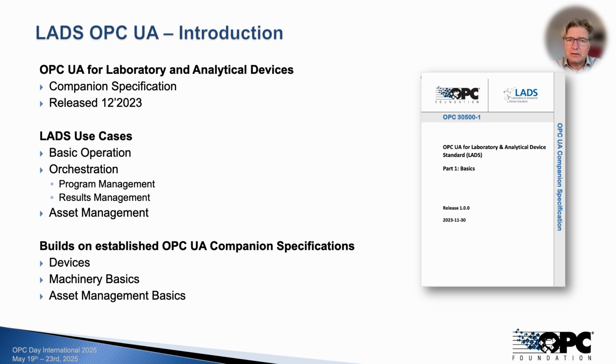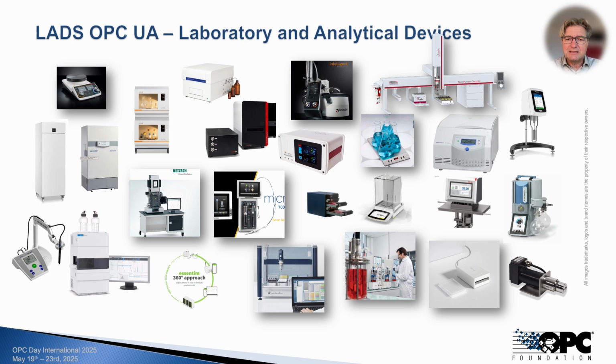This slide shows the wide range of laboratory and analytical device types we've successfully modeled using LADS OPC UA. It starts with simple instruments like magnetic stirrers, balances, and pH meters, and moves up to more complex systems such as bioprocess controllers, liquid handling workstations, and even high-end analytical platforms like HPLCs.